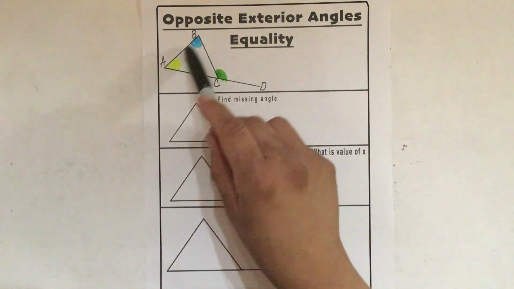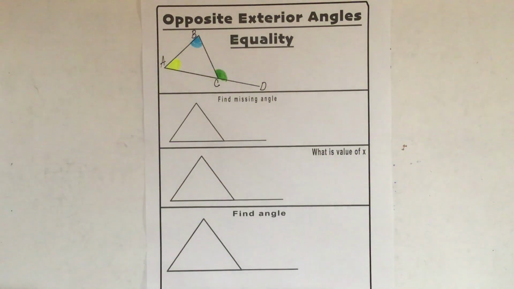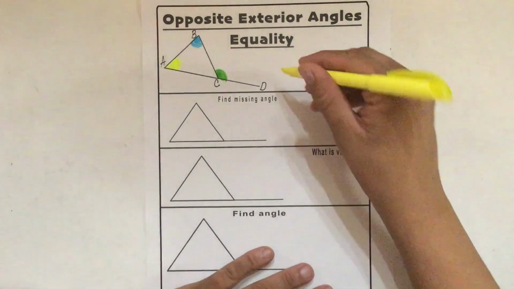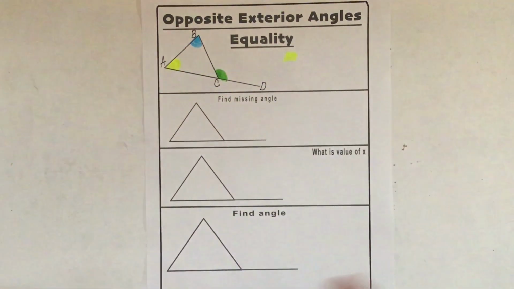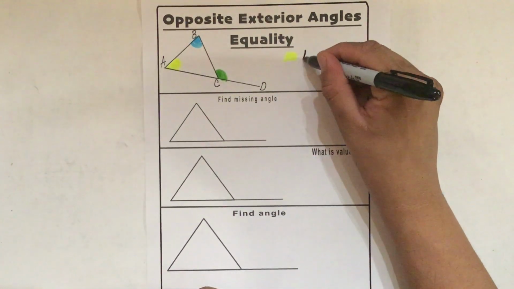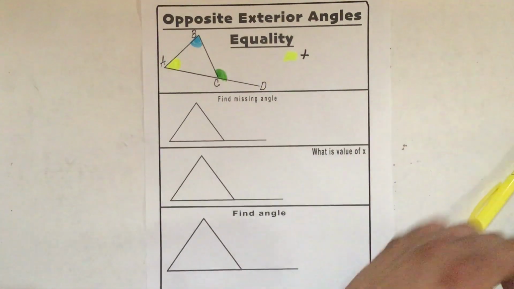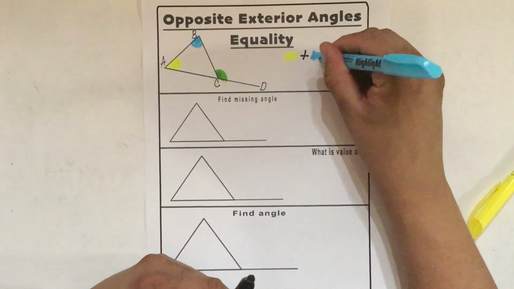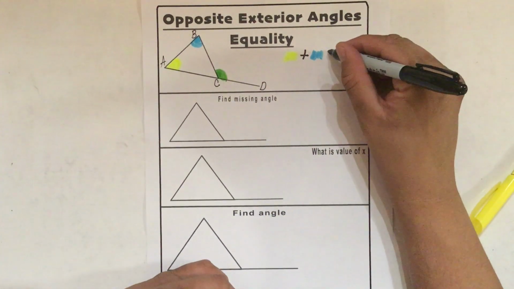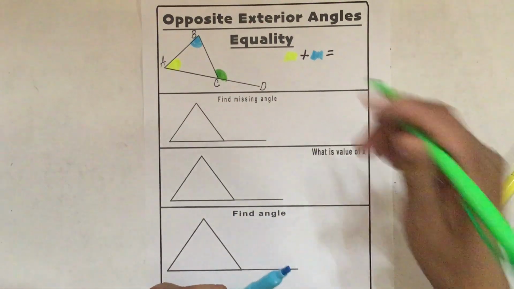So that means that these two added are equal to the outside one, right? So that means that yellow plus blue is equal to green.